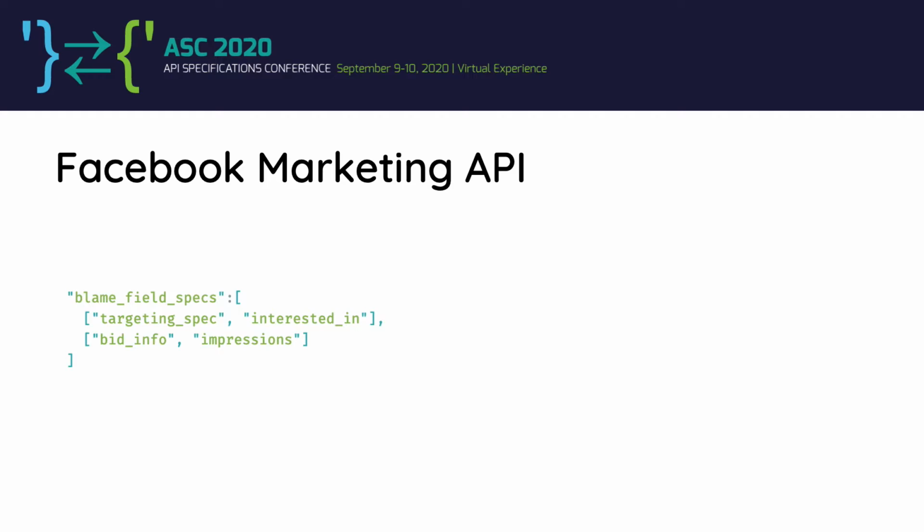As you can see, the blame field specs look a bit like JSON pointers, but they're obviously different. I'm not sure why they didn't use JSON pointers, but having something to pinpoint the origin of an error is worth a lot.